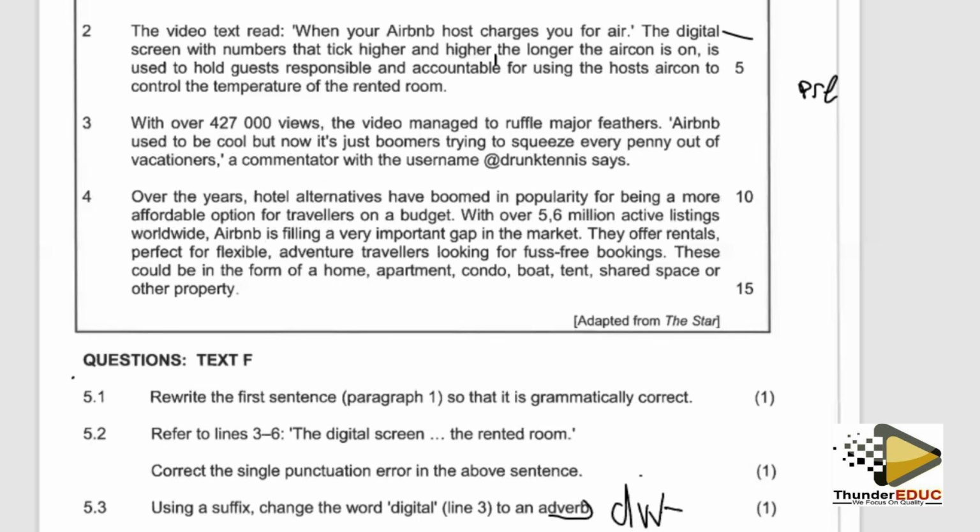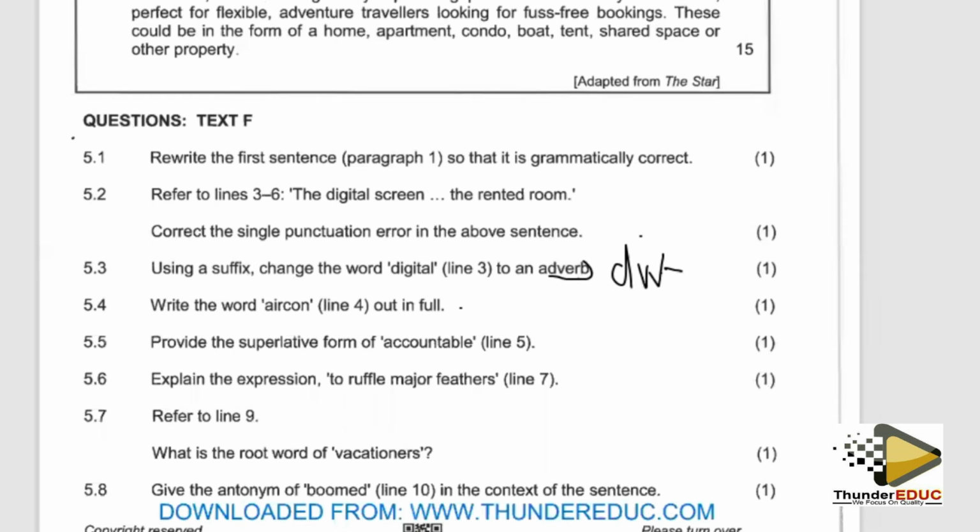The proper word for aircon is air conditioner. When we say aircon, that is informal language. It's air conditioner.